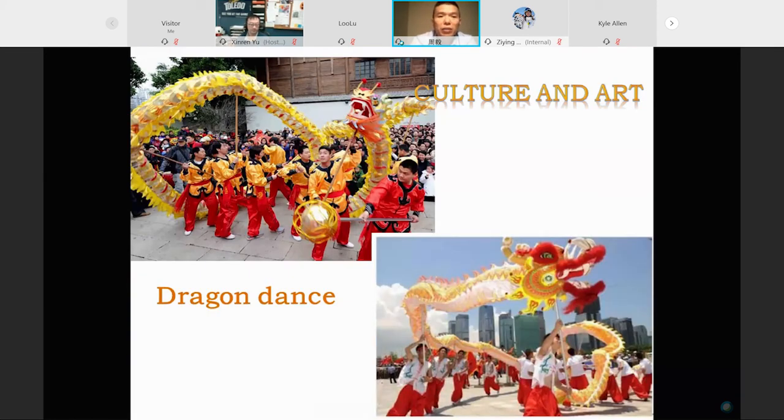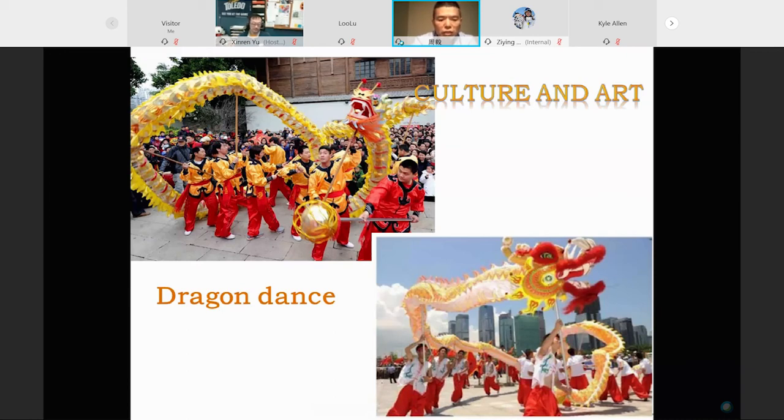Another one is dragon dance. We also hold dragon dance. Dragon dance is usually performed on important days and festivals like the Lantern Festival and Spring Festival.